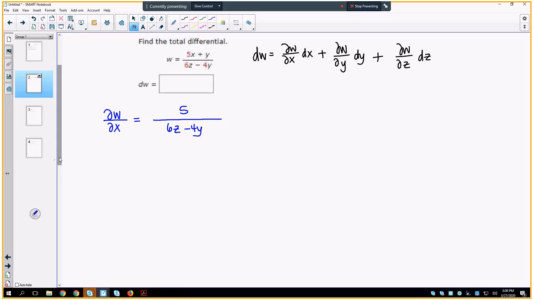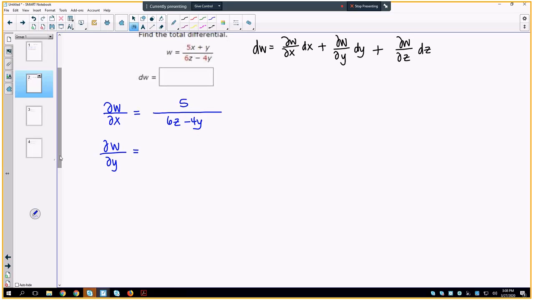Next I'll find del w del y. So now I'm going to treat x and z as constants. Since I have y on both the top and the bottom, this is going to require the quotient rule. So we'll do the quotient rule. That tells us we have the bottom, 6z minus 4y, times the derivative of the top, and the partial derivative of the top with respect to y is just 1, because again, the 5x term is a constant, its derivative is 0.